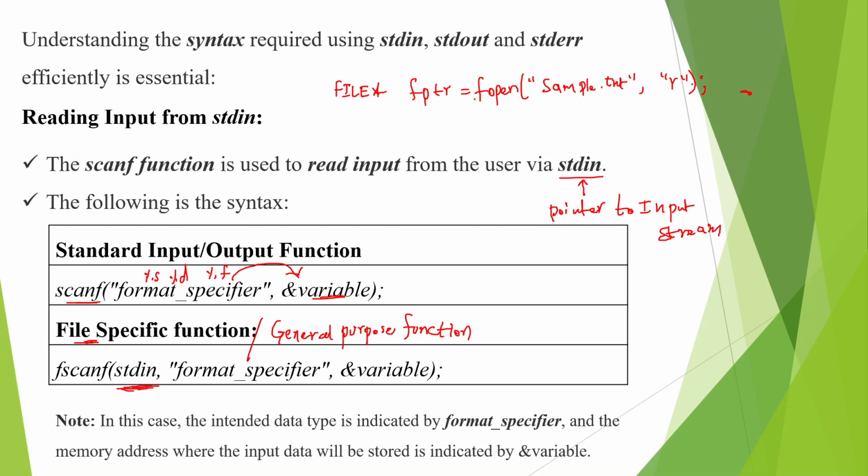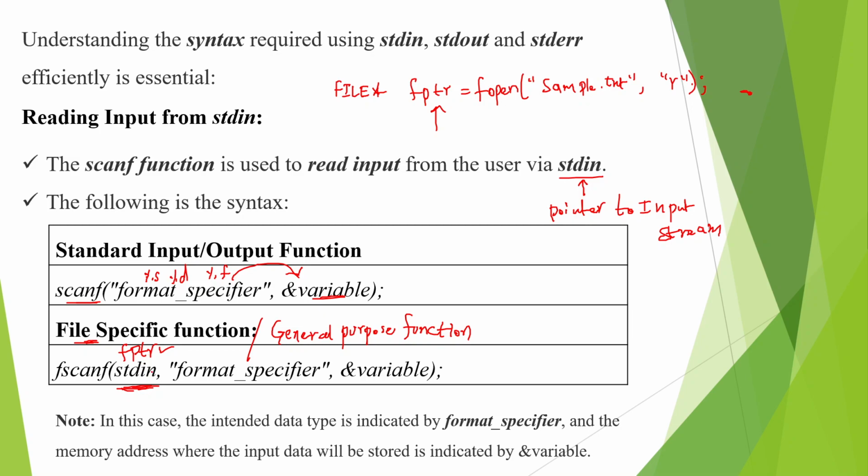Now this file will be opened and the pointer will be stored in fptr. If I put fptr over here, then your fscanf function will read the data from the fptr file.